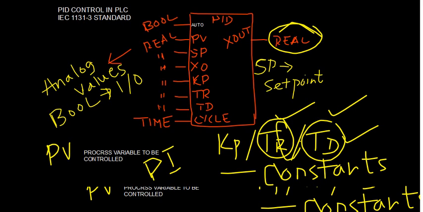Of course, this requires the program to be written. The program will be written again as per the architecture of the different PLCs. And once the program is written, you should be able to deploy that particular PLC for the closed loop control.